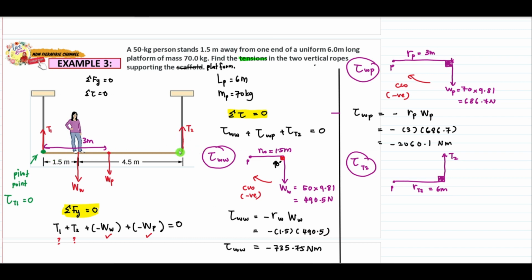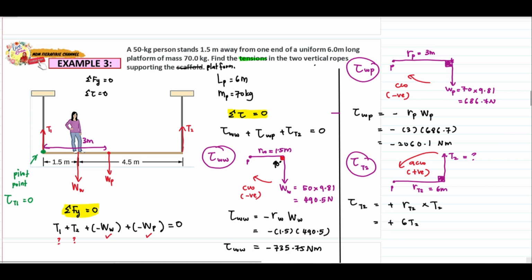T2 is here, so we take directly from the pivot to here, 6 meters. T2 we do not know, we want to calculate, but the direction of torque from the pivot going here, up, and turn back, so it is the anti-clockwise direction, so a positive value. So let's substitute. Torque due to the second tension should be positive RT2 times T2 sin 90 degrees. Sin 90 degrees is equal to 1. So I cannot solve it because I do not have the value of T2. I can only leave it in the form of 6 T2. Okay?